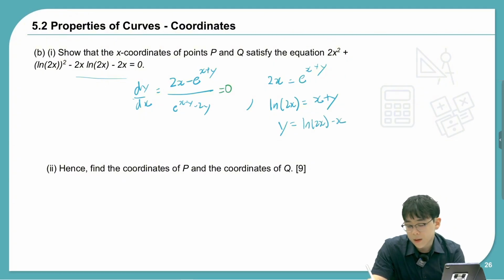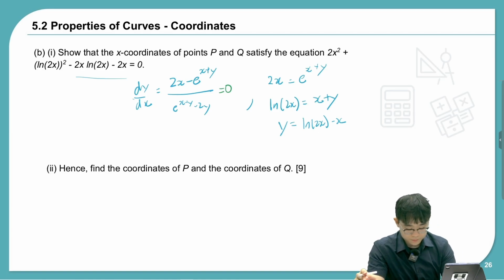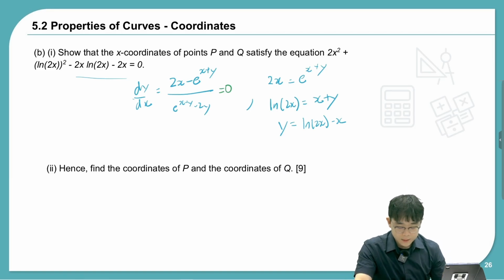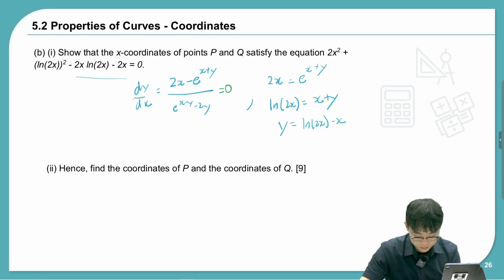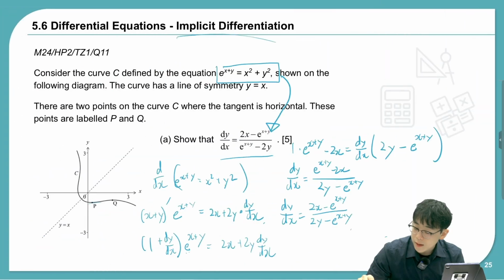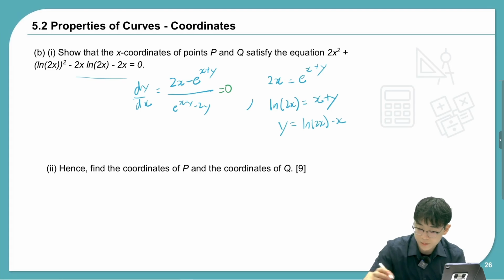Okay. So if you want to solve for the coordinates of P and Q, what we would do here is we could then substitute this into our expressions for P and Q. So if you take our original graph here, we have e to the power of x plus y is x squared plus y squared.